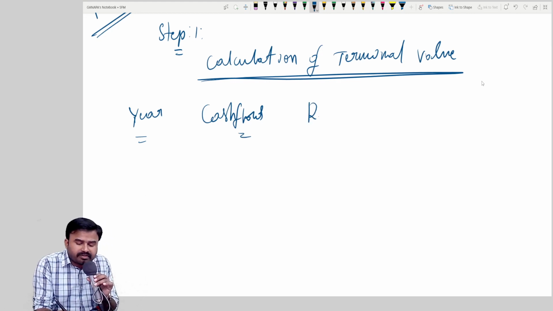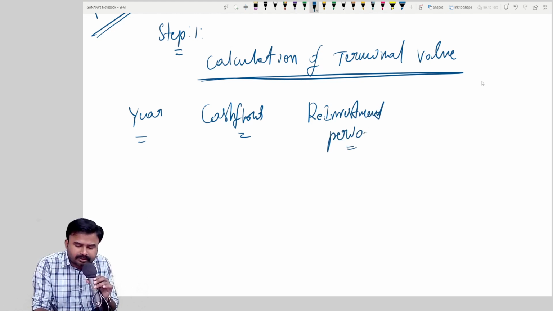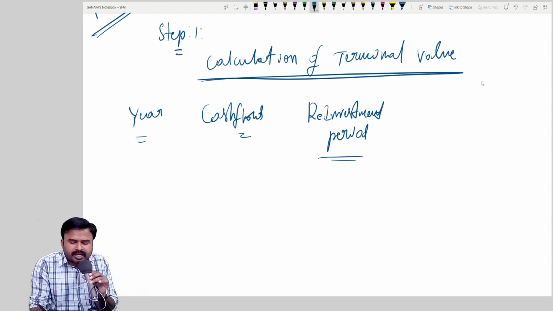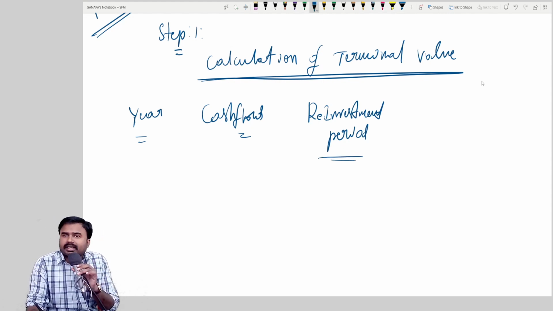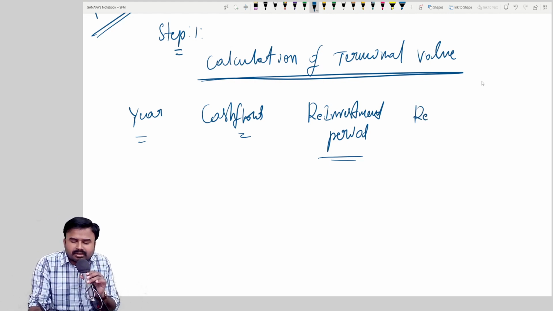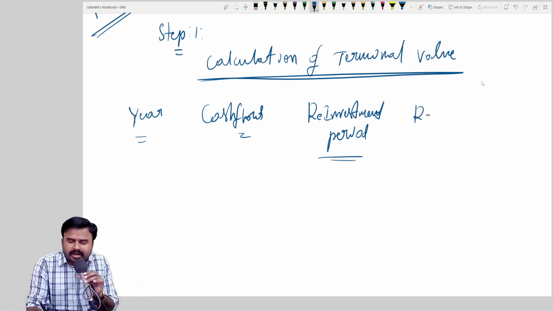You should know your reinvestment period, and you should know the reinvestment rate also. In case the reinvestment rate is a single rate, you don't need to take this column actually. But since the reinvestment rate is changing from 1 year to another year, we have to take this column separately.